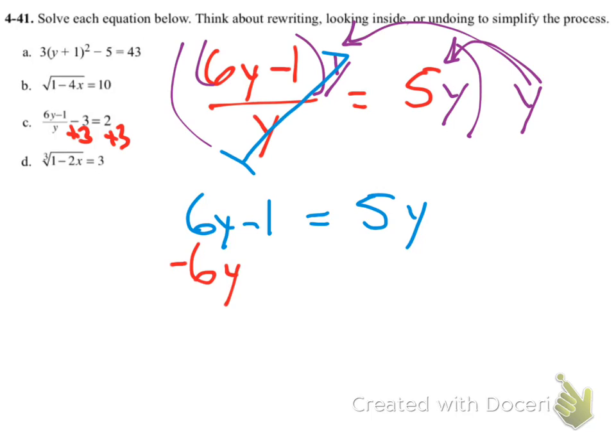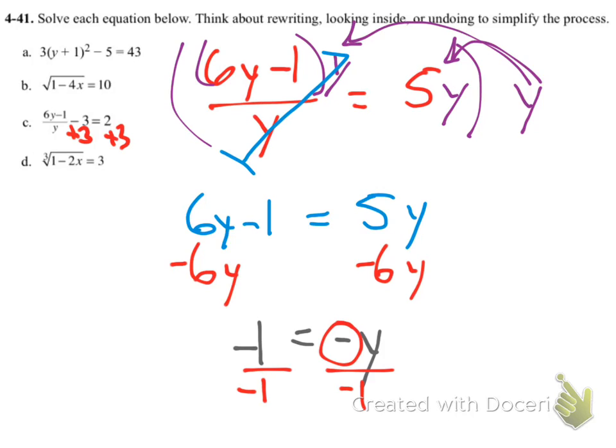I'm going to subtract the 6y from both sides, giving me negative 1 equals negative y. And if negative 1 equals negative y, I divide by negative 1. I'm not dividing by that negative 1, I'm dividing by this negative 1. That gives me positive y equals positive 1.